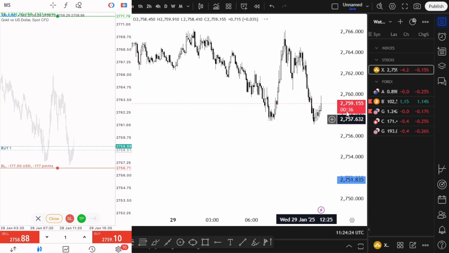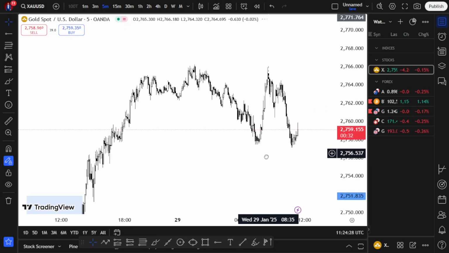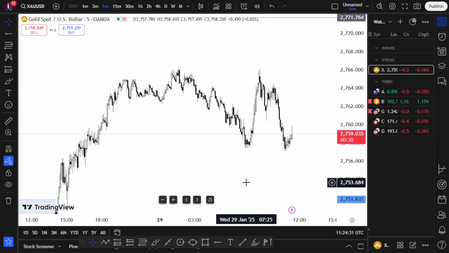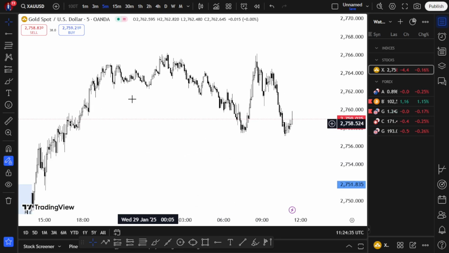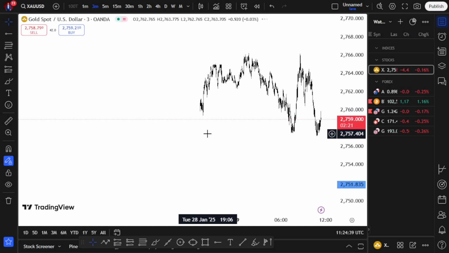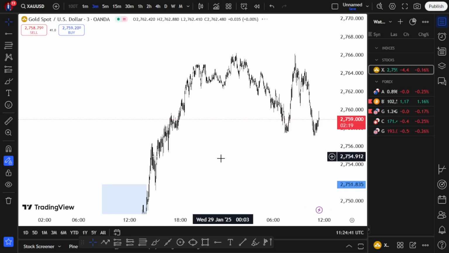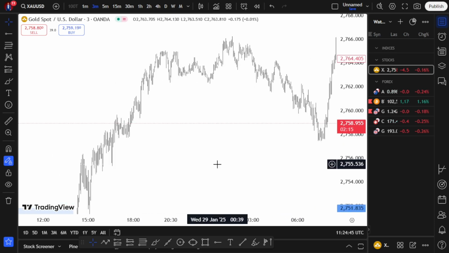Right here, guys, the reason I'm taking this buy and aiming high is because this is still bullish. Looking from the higher time frame, it's bullish, and we know where it's going.